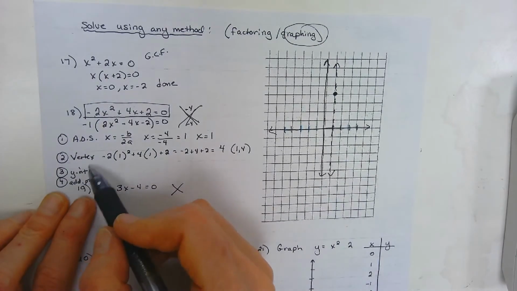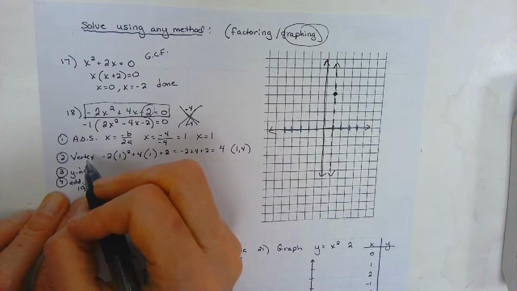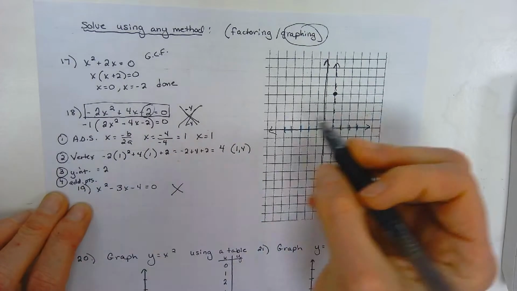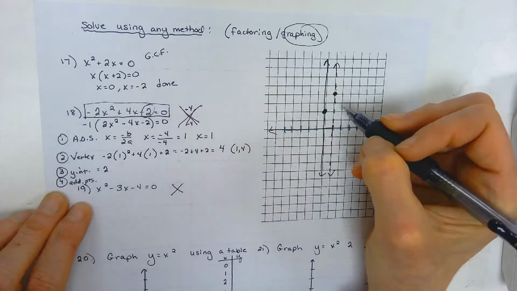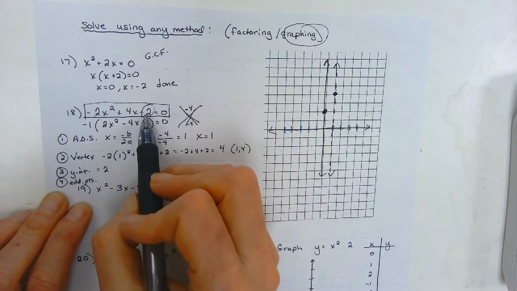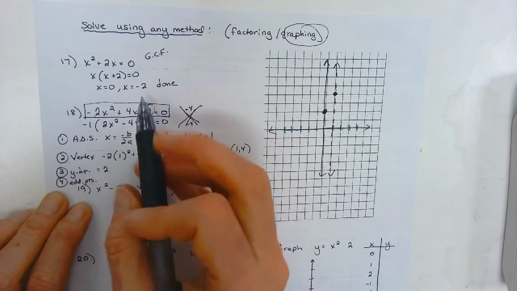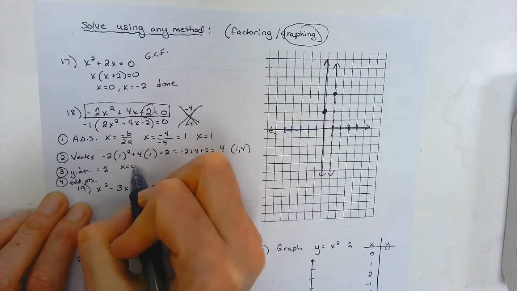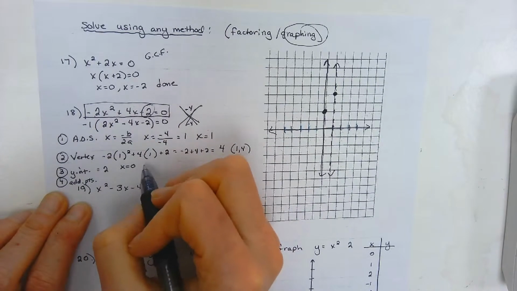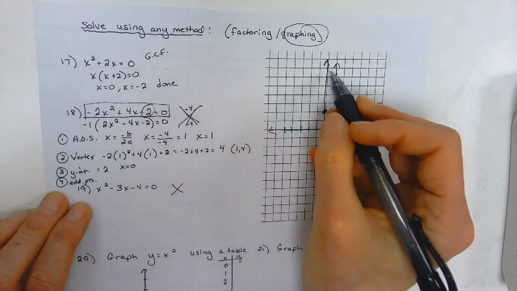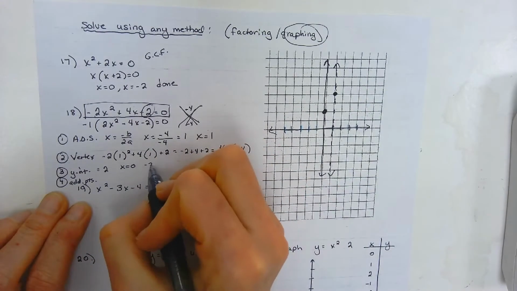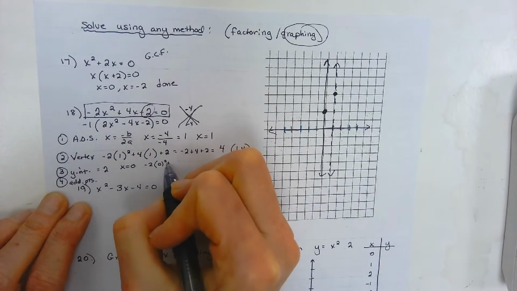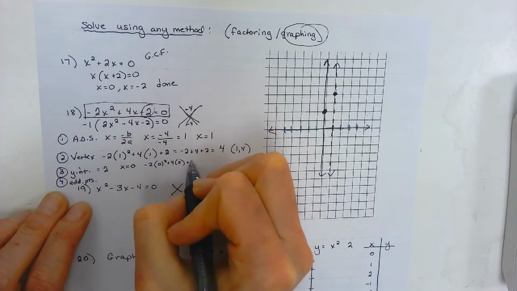The y-intercept is 2. Remember, it's equal to c. So that's right here. And if you can't remember that the y-intercept is equal to c, then you can just let x equal 0 and put 0 into the function. And whatever value you get out will be your y-intercept. So x equals 0 would be -2 times 0 squared plus 4 times 0 plus 2.